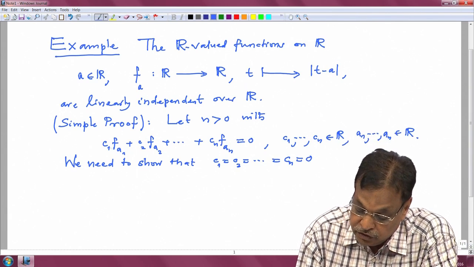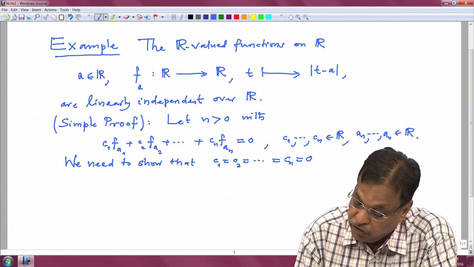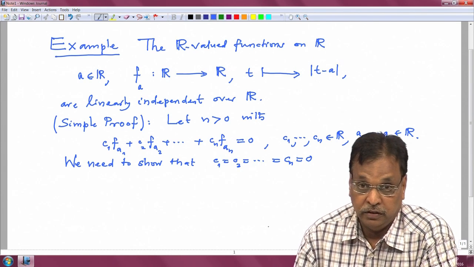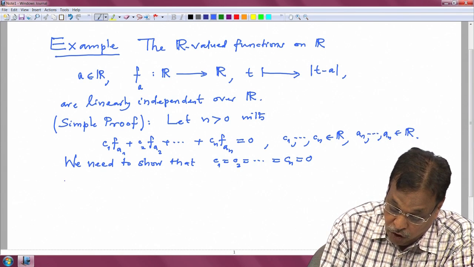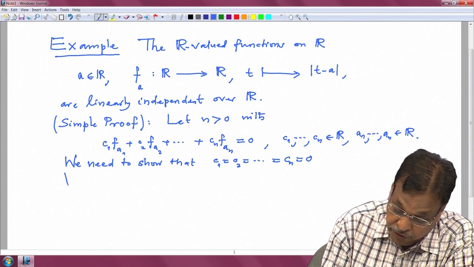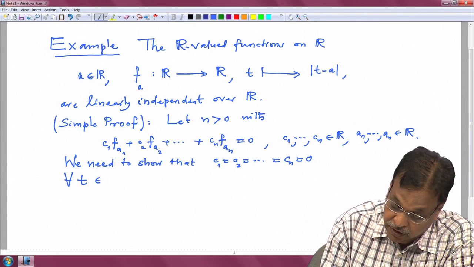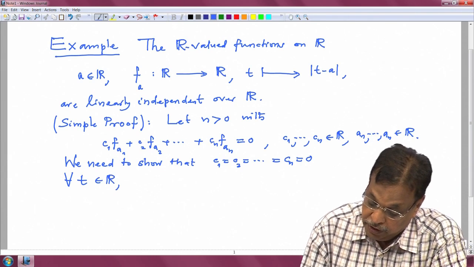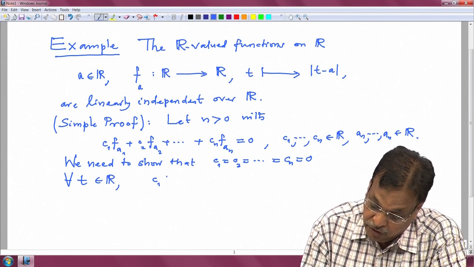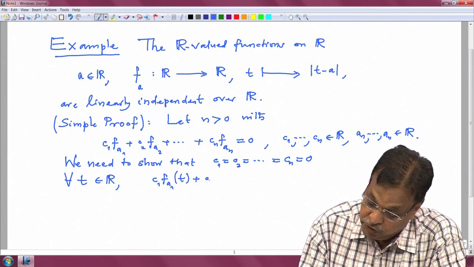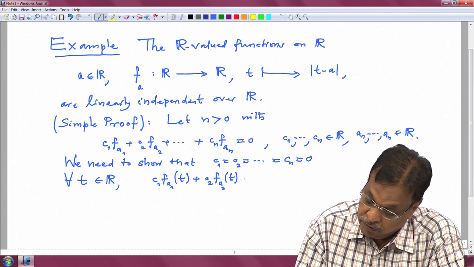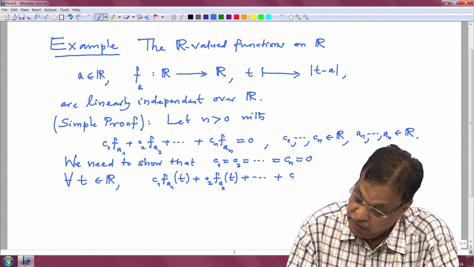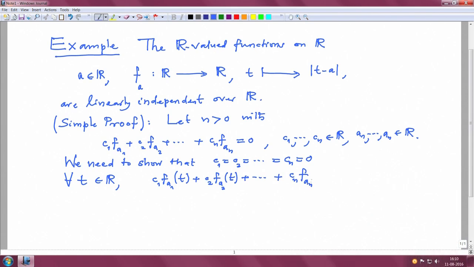But the left hand side is a function and it is 0, which means it is the 0 function. So, this means for every real number t, when I evaluate the left hand side, I get C1 f_a1(t) plus C2 f_a2(t) etc. plus Cn f_an(t). This is 0 for all t.